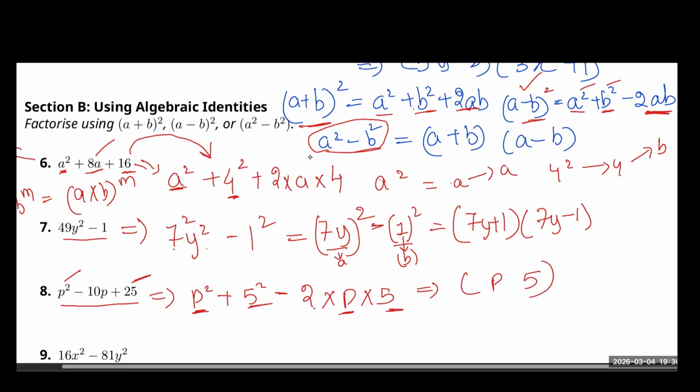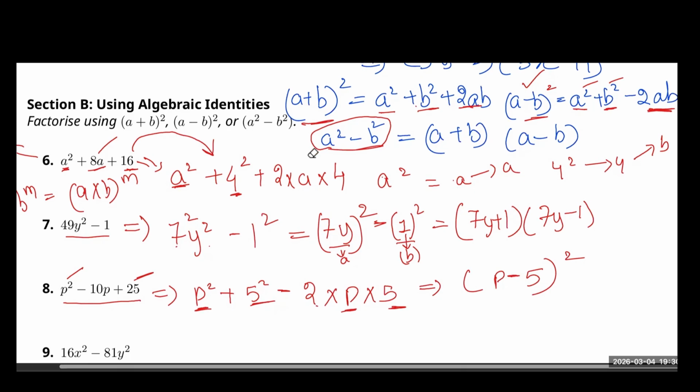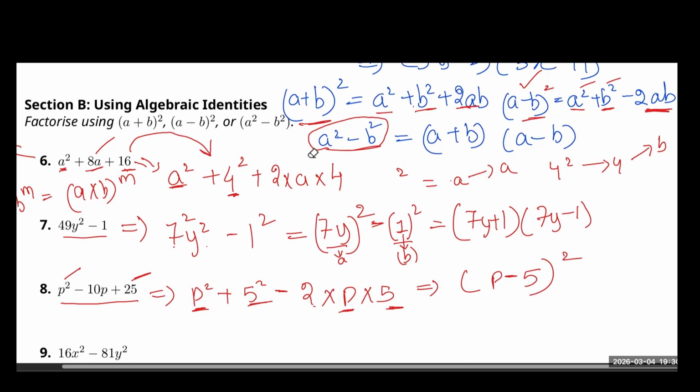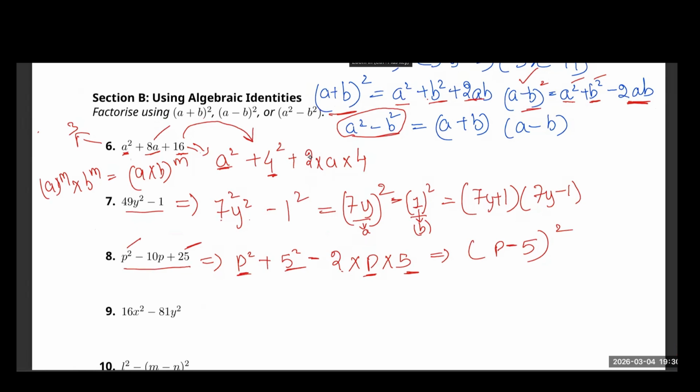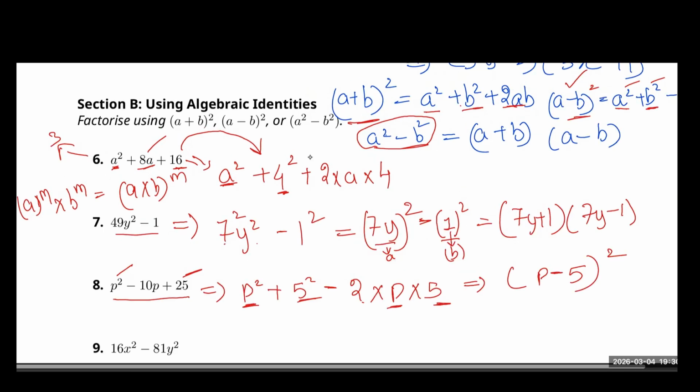So b minus 5 whole square. Here also, if you see, the value of a is a.